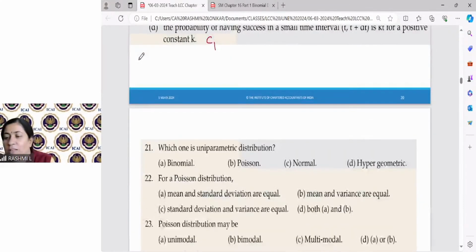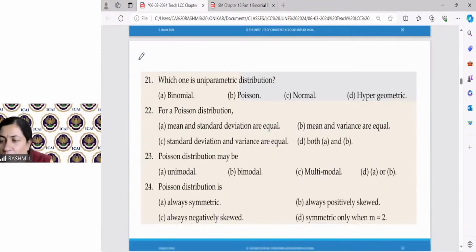Next one. Which one is a uniparametric distribution? Binomial, we have two. Normal also, we have two. Binomial, which are the two? N and P. Binomial, you will have mean and variance. Hypergeometric is again a discrete distribution and which is out of syllabus.